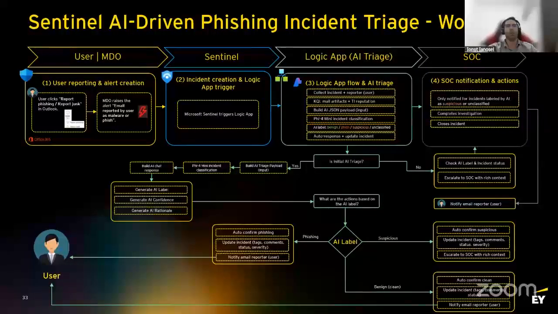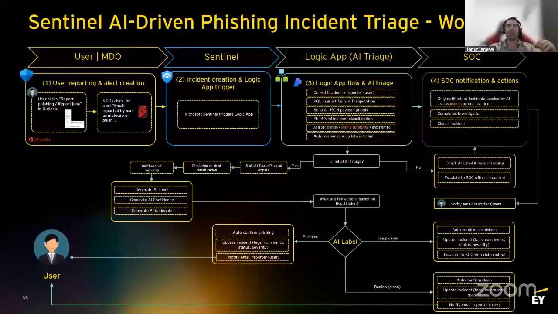And then moving on, in step 3, we will see the data enrichment and artifact extension, where the logic app will run multiple KQL lookups via the Sentinel log analytics workspace. KQL such as get email artifacts, where it can extract email subject, URL and domains or attachment names.